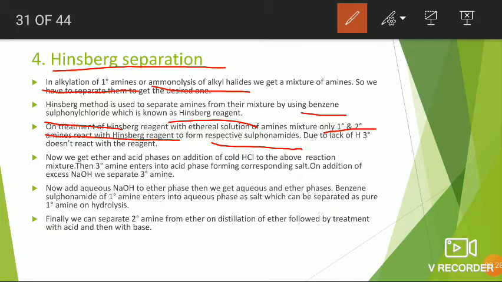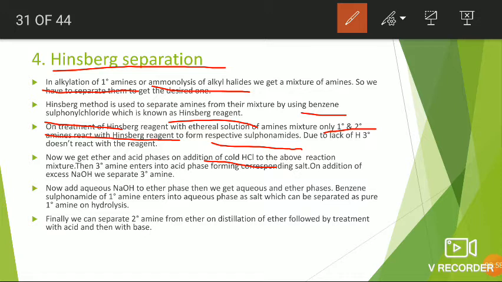Now if we add acid, that is HCl solution, to this ethereal solution, then the tertiary amine reacts with the acid and forms the corresponding trialkylated ammonium chloride salt and enters into the acid layer.